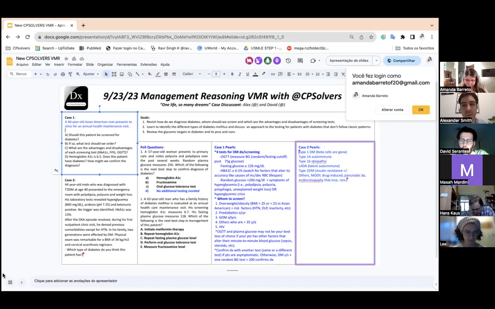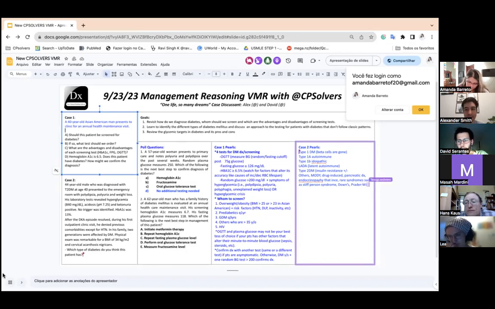So, we have reviewed the different types, but in this case, there is a 44-year-old male with obesity, family history of diabetes, and cervical acanthosis nigricans. What do you think is more concerning in this case?